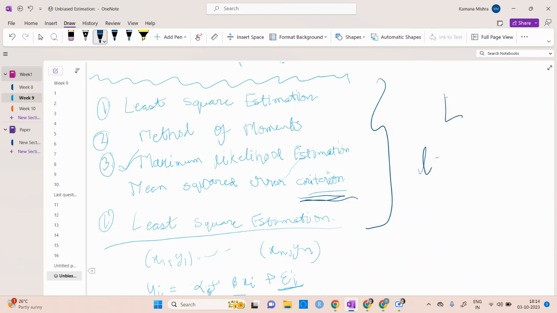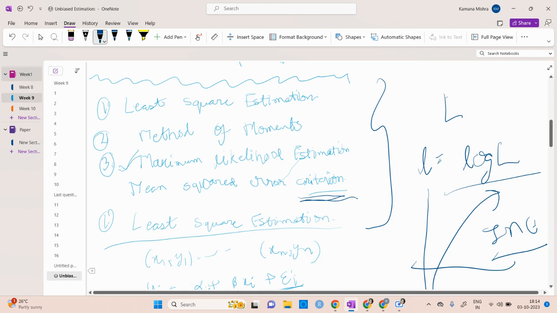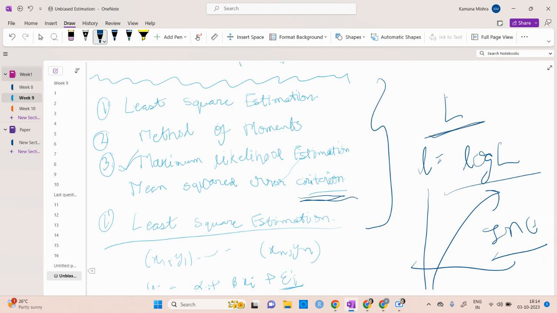So what we do is we try to find log L. Now log L, we know, is an increasing function. So if we find the maximum of it, then at that point L will also attain its maximum. So we try to find del log L by del theta, where theta is the parameter.